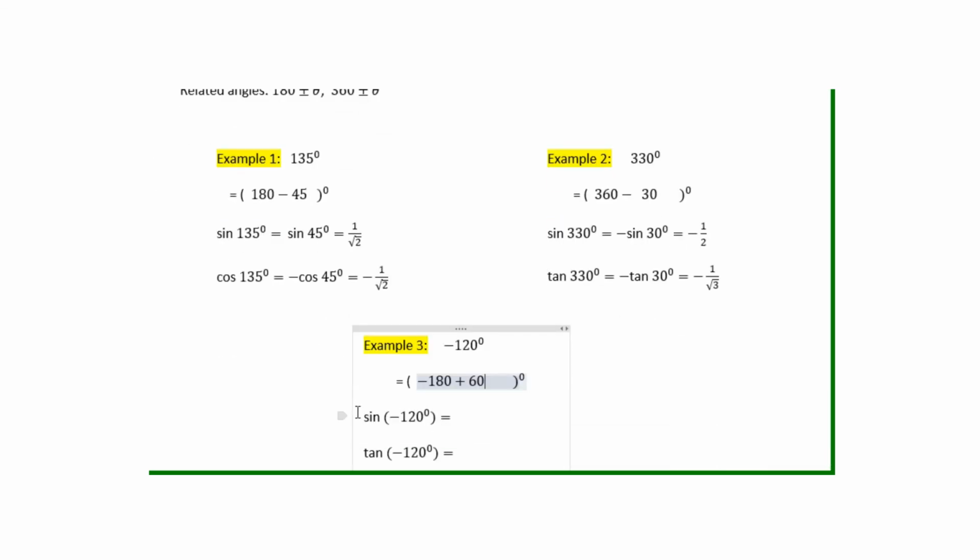So sine of negative 120 degrees is going to be related to sine 60. Again, firstly check the All Stations to Central rule. Sine, is that going to be positive sine 60 or negative sine 60?